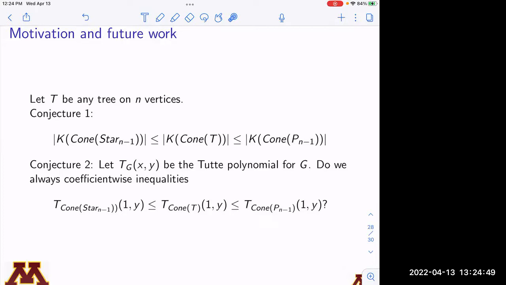Oh, yes. The Tutte polynomial, when we're setting x equal to 1 and just looking at y, is looking at the external activity of the graphs. And then when we set both x and y equal to 1, that calculates the number of spanning trees.